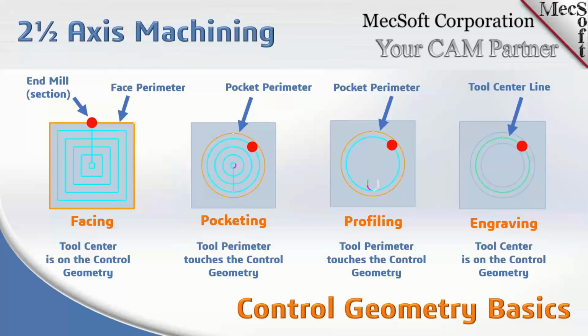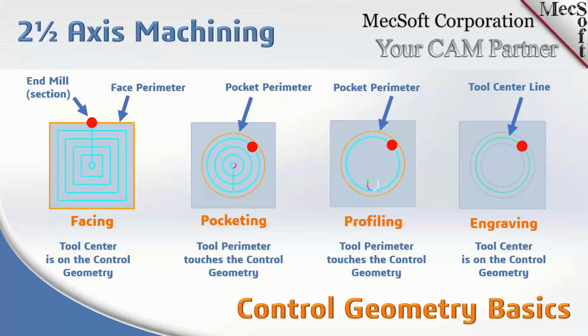If you look at the second from the left, you'll see a pocketing operation, and the tool diameter will stop when it makes contact with your control geometry. And in both the facing and the pocketing, you have an offset distance that you specify also, which will be used to offset the tool and clear either a top face or a pocket.